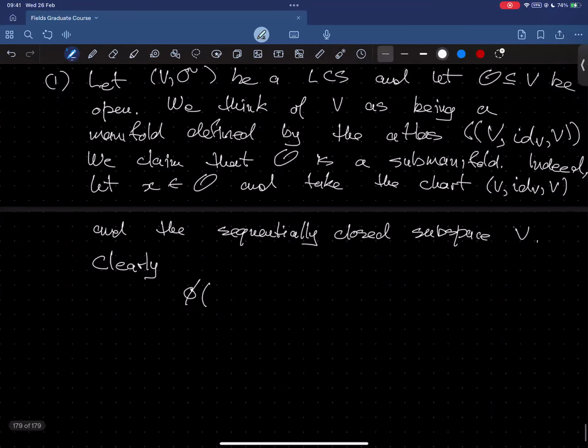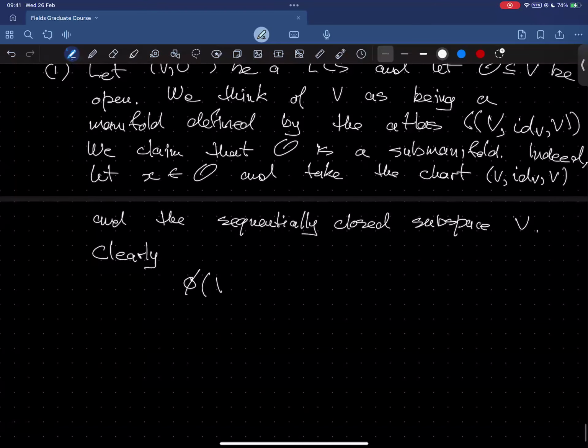Well, that's just obvious. Okay, so phi of V intersect, so V is U phi, S is O. Okay, so this of course is just O, which is equal to phi of O, okay, because phi is the identity map here. Okay, so it's just so obvious that it hardly bears writing down.